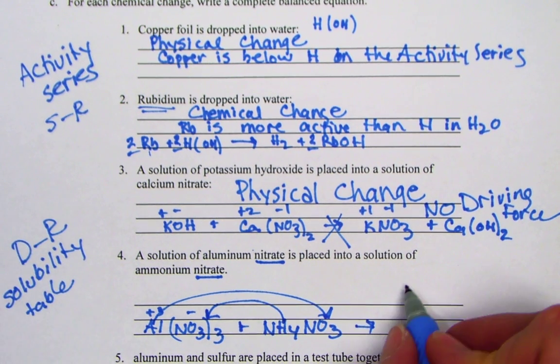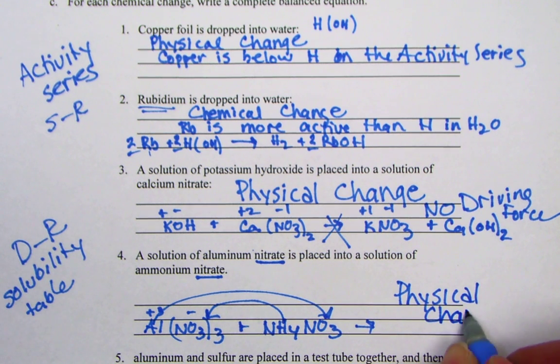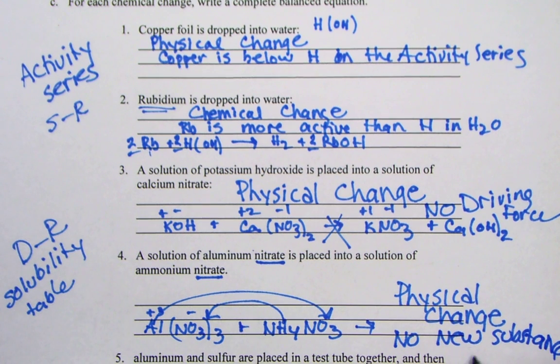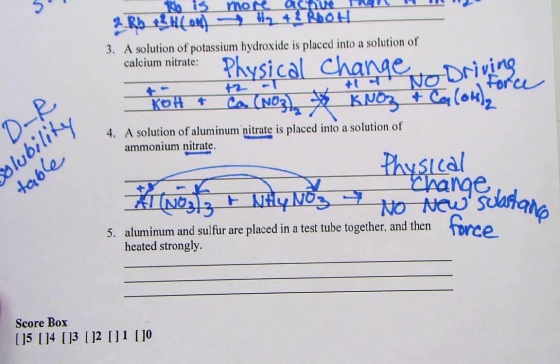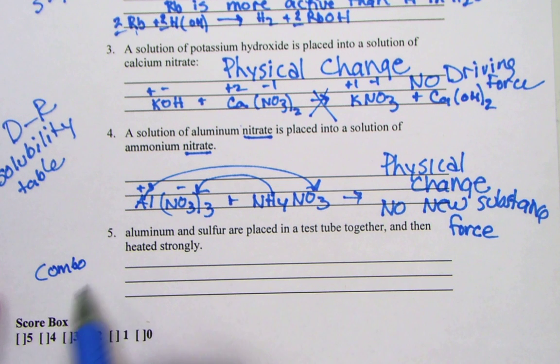That's nothing new. This is a physical change. And my reason? No new substance formed. If two ionic compounds have the same first name or the same last name, you will not make anything new by exchanging partners. And the last question will be a combination where we are looking for activation energy.